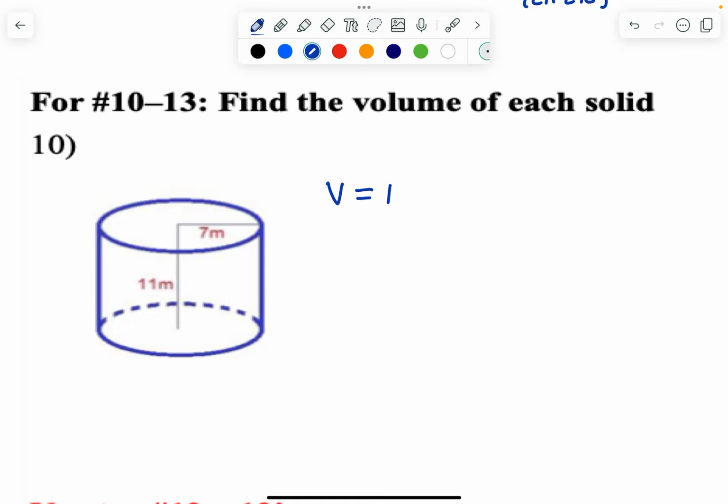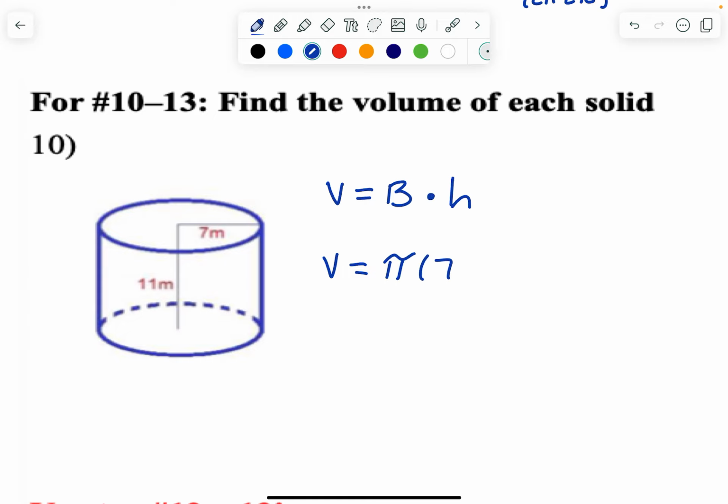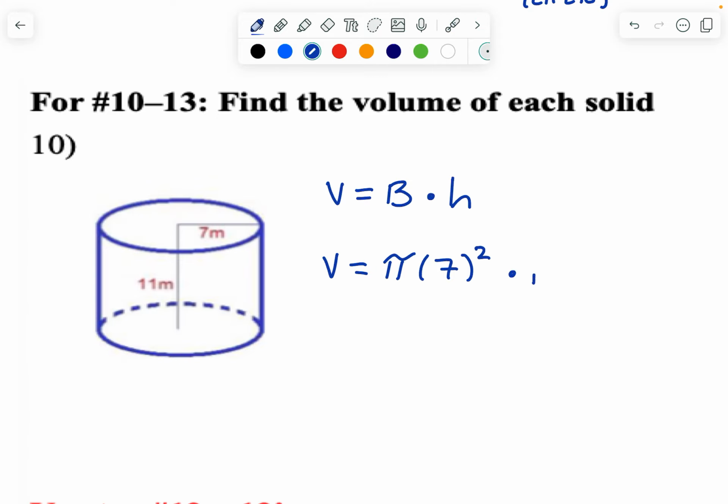Volume is equal to area of the base times the height. The base is a circle with a radius of 7. Pi times 7 squared, pi r squared, times the height. The distance between these two circles is 11, times 11. Simplify this a little bit. 7 squared is 49.